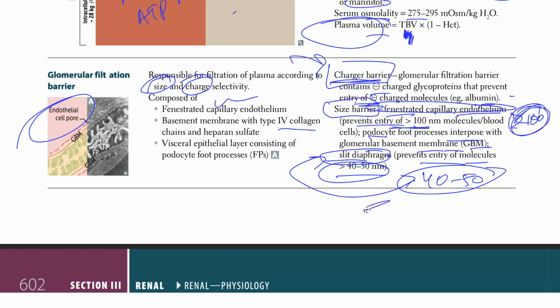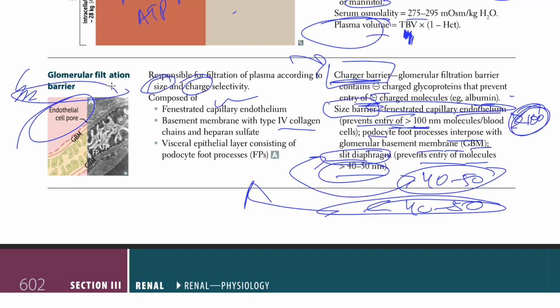You have to be less than 40 to 50 to go into the glomerular filtration. So that's what's called the glomerular filtration barrier.